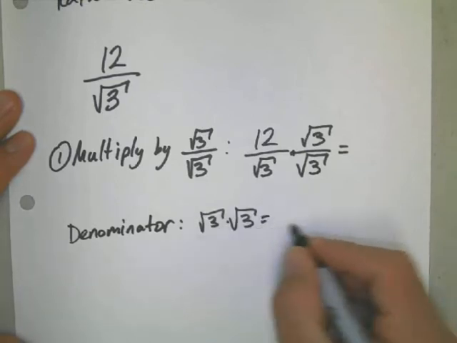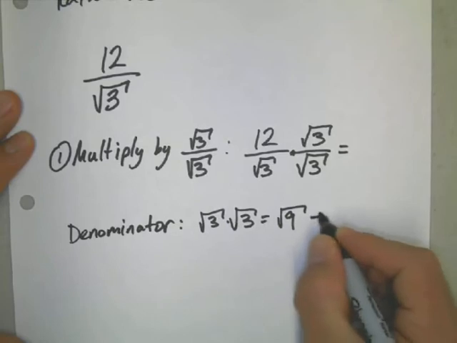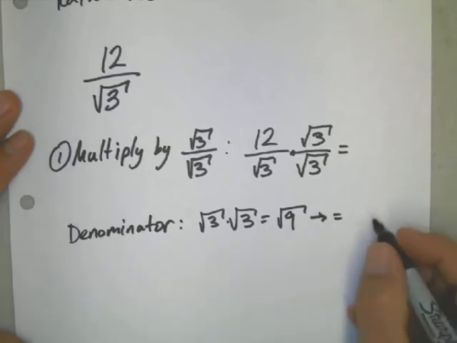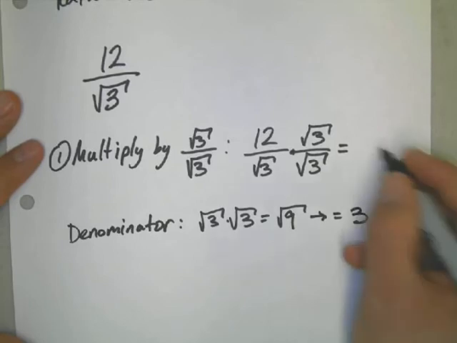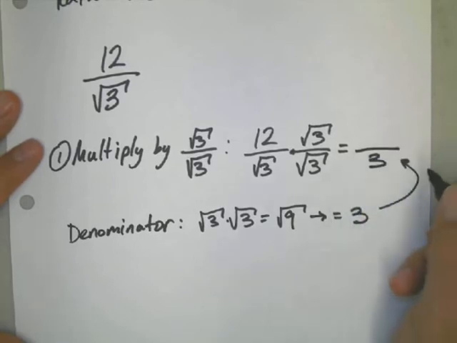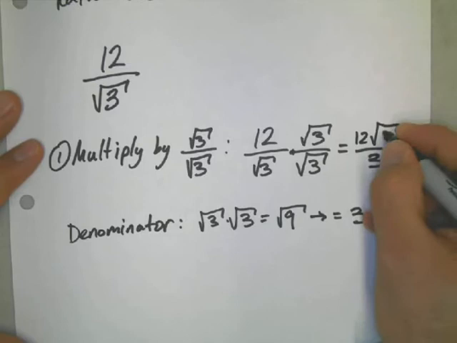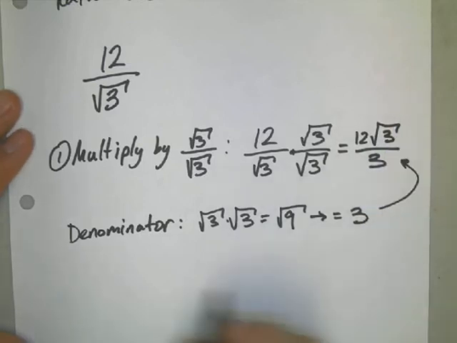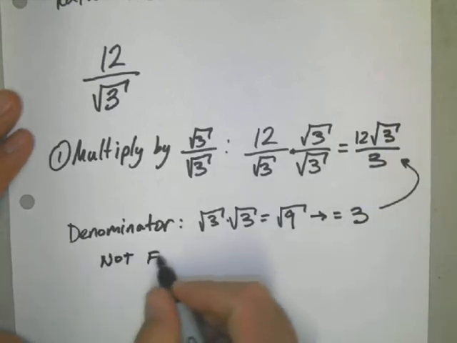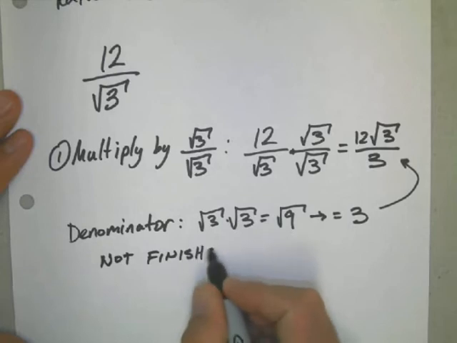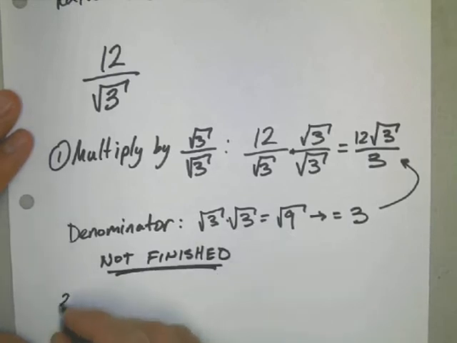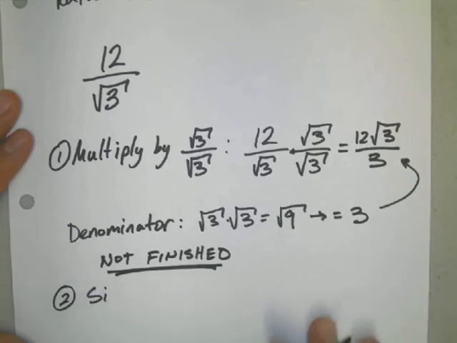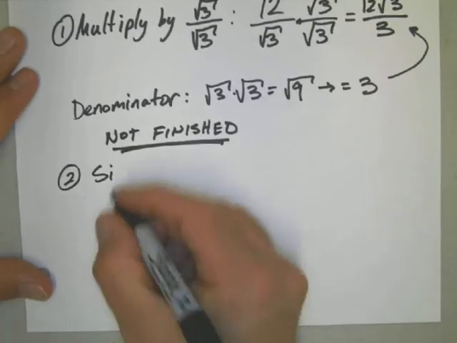Square root of 3 times the square root of 3 equals the square root of 9. And as you all know, the square root of 9 is 3. And then what do we have on the top? We have 12 times the square root of 3. And some of you might already realize that the 12 and the 3 can be reduced. So we're not finished yet.